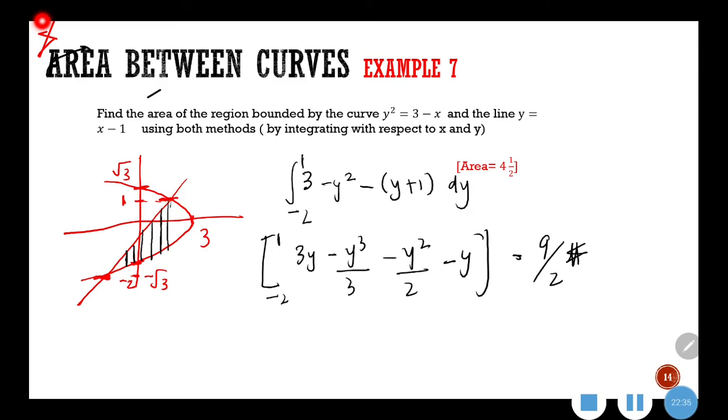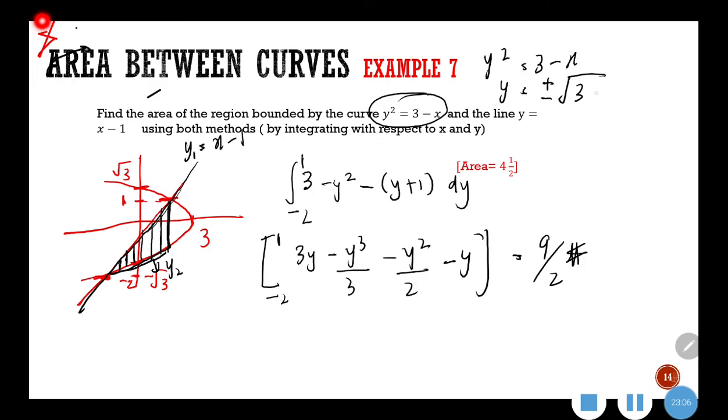The top and bottom: this line, which is y equals x minus 1, let's say this is y1, up to here the integration will be y1 minus y2, right? What is your y2? We have y squared equals 3 minus x, so y equals plus or minus the square root of 3 minus x.